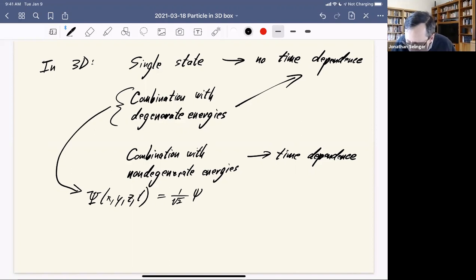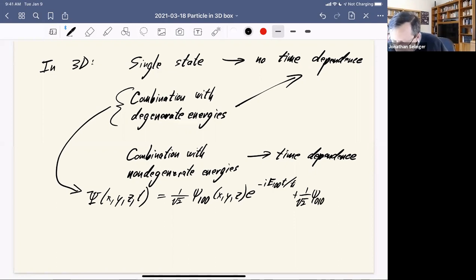1/√2 times the state 1, 0, 0 of x, y, z times e to the minus i energy 1, 0, 0 t over h bar. Okay. And plus 1/√2 psi 0, 1, 0 of x, y, z times e to the minus i E 0, 1, 0 t over h bar.